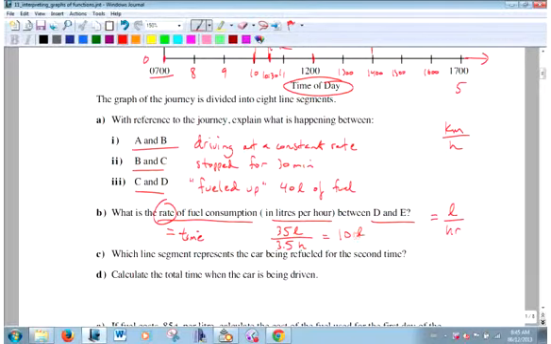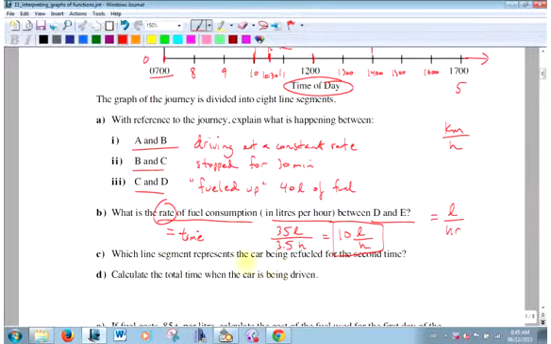That's 10 liters per 1 hour, or 10 liters an hour. Sounds like a lot, doesn't it? That's what it is. It's a minivan packed with screaming kids and supplies and diapers and full tank of gas. Okay, that's what it is. 10 liters an hour.